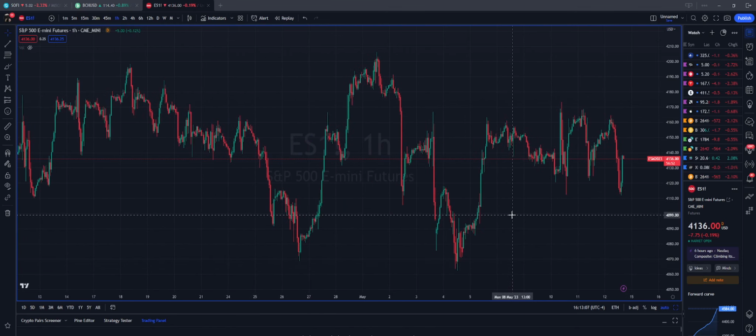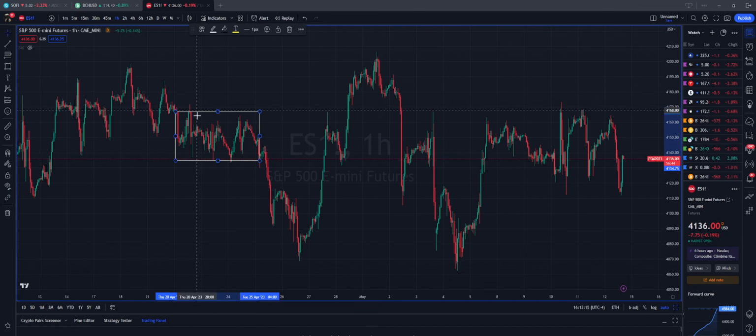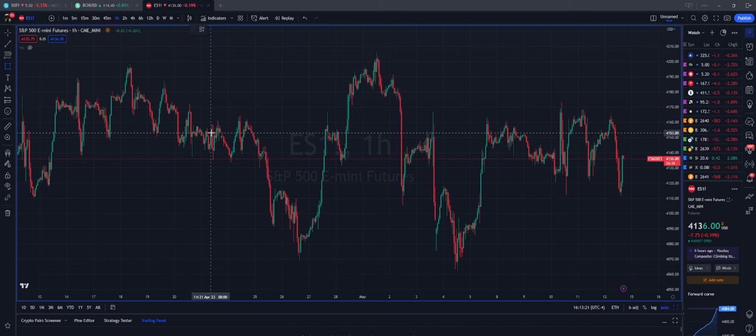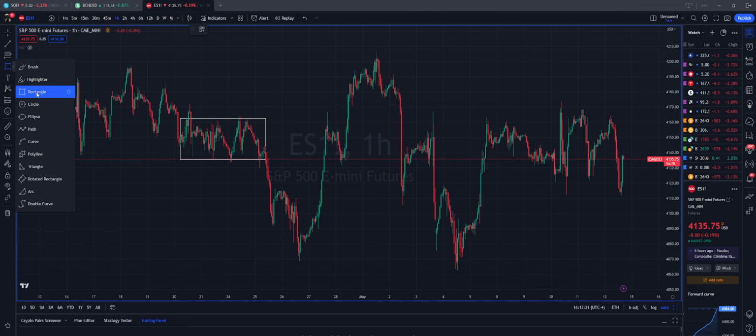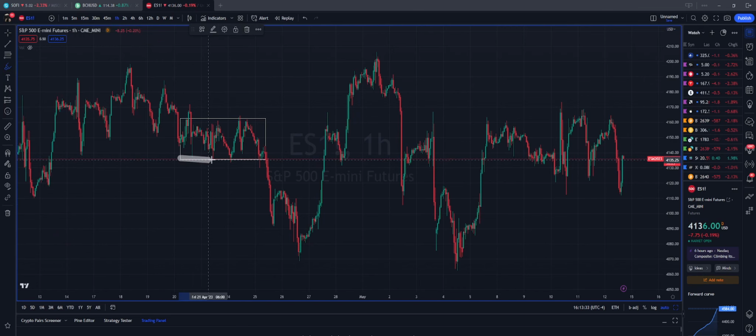And then also, we're going to talk about supply zones. Supply zones are where you find imbalances, right? So we find a balance area, which is over here, and then the imbalance when it broke down, right? When it broke down this specific area, we found the imbalance right at this line right here.